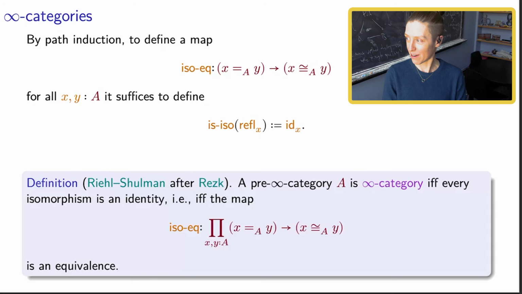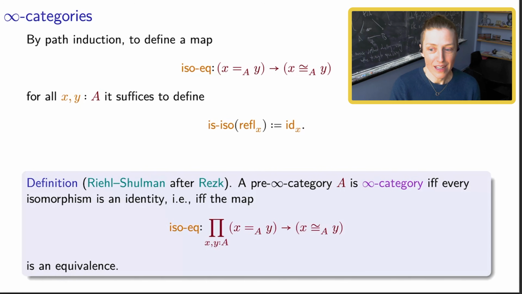In an infinity category, the family of paths is equivalent to the family of isomorphisms that are defined using the arrows. This is an axiom that's maybe a bit unexpected if you're new to this area. But for experts in infinity category theory, Rezk has a model of infinity category called complete Segal spaces that I mentioned briefly above. And this is the completeness axiom of complete Segal spaces. So it's familiar to folks who know about this sort of thing already.